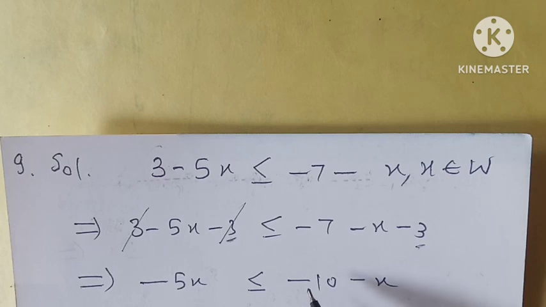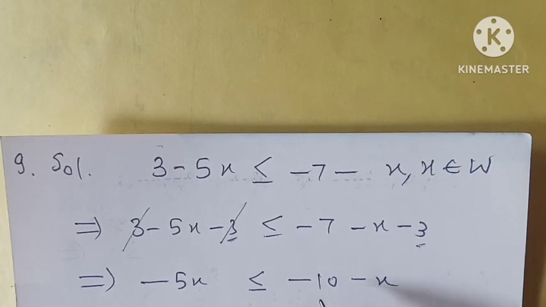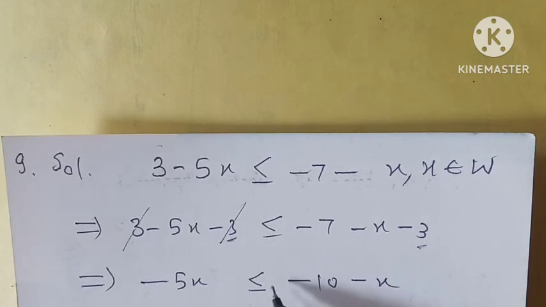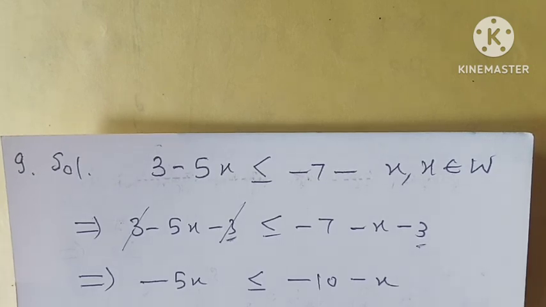Here we put minus sign, and we add 7 and 3, then we get 10. When both numbers are negative, then we put minus sign and add the numerals. So minus 5x is less than or equal to minus 10 minus x.